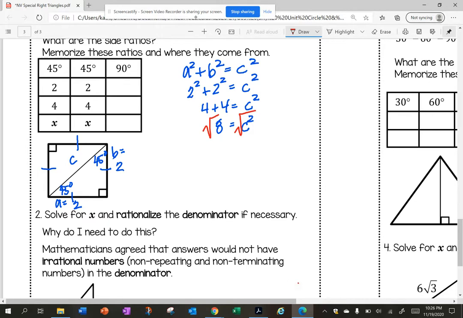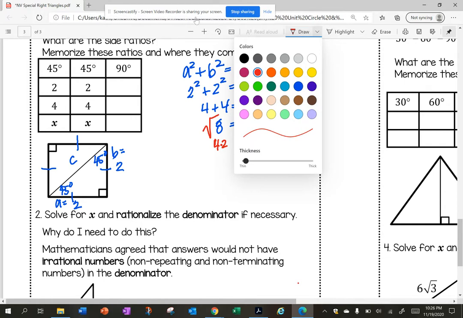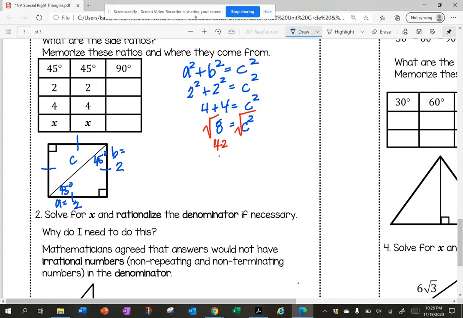I know 8 is 4 times 2, and 4 is a perfect square. So when I take this out, this is 2 times the square root of 2 equals c. If I do a square with 4, I find out the diagonal is 4 times the square root of 2. If I have any side x, the diagonal is x times the square root of 2.